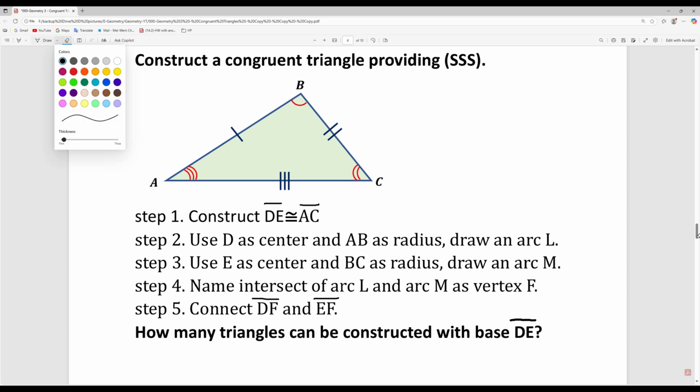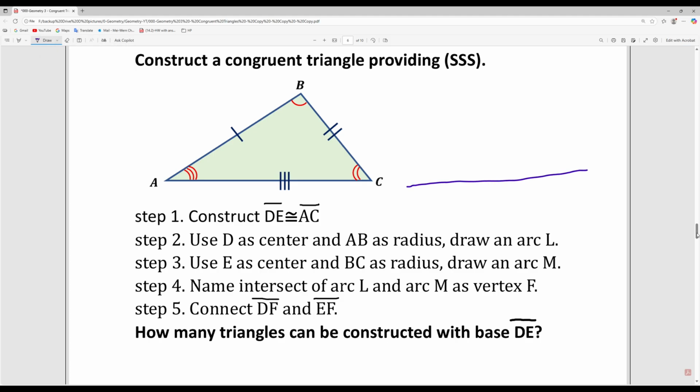So first, let me construct DE. Step 1, construct DE congruent to AC. So that's AC, I construct DE. How to construct? I'm not going to show you how to construct again, okay? So say this is my ugly line.